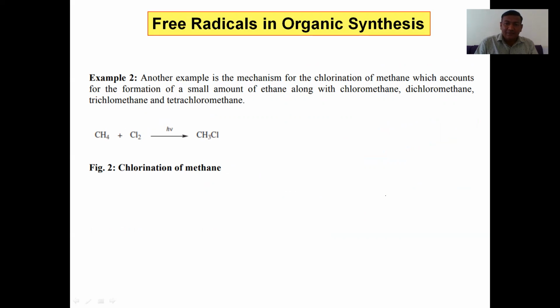Another example is the mechanism of chlorination of methane, which accounts for the formation of a small amount of ethane along with chloromethane, dichloromethane, trichloromethane, tetrachloromethane, and so on. See here, we have methane, and if we use chlorine, based on how much light we pass, there will be formation of chloromethane.